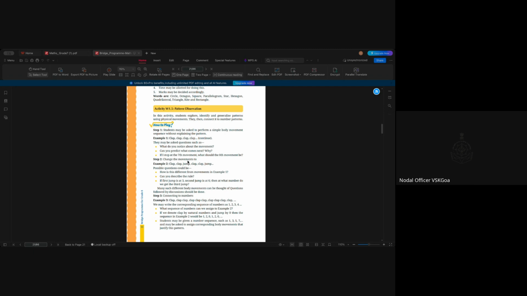So if you tell your student to identify the next number in the pattern, they can easily say clap, clap, jump. What is it? 1, 1, 2, right? So this is how you can make them do different physical movements, and as per that, you can generate some patterns and you can go ahead.